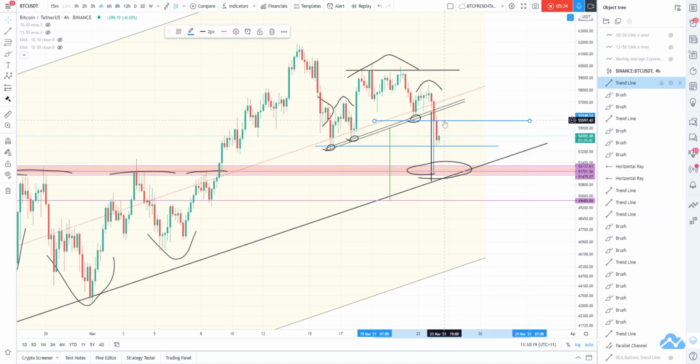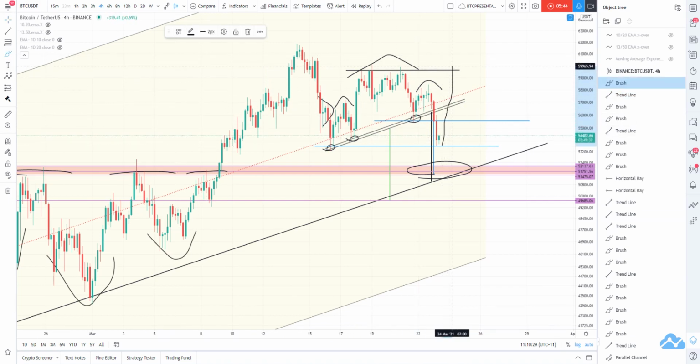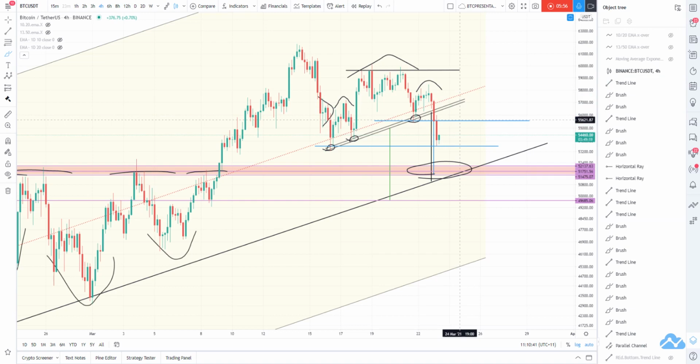So I'll be looking to take a short there. If either performs, then this trend line. I don't see price going up anytime soon like that. If price was to break that, then I will look for support and then the bounce before I jump in. So a resumption of that macro trend.